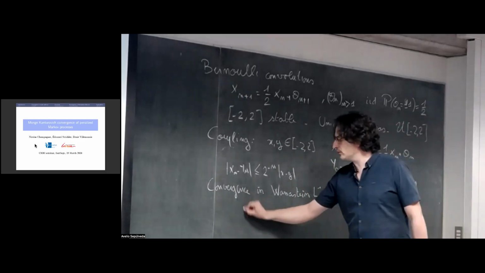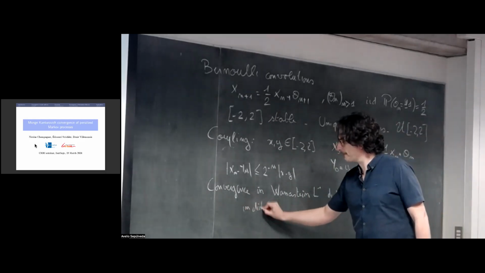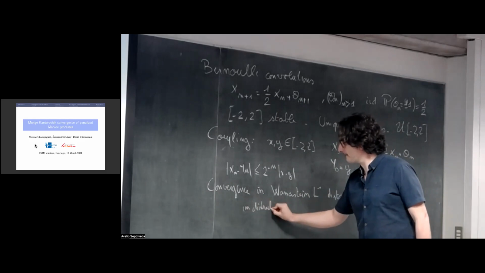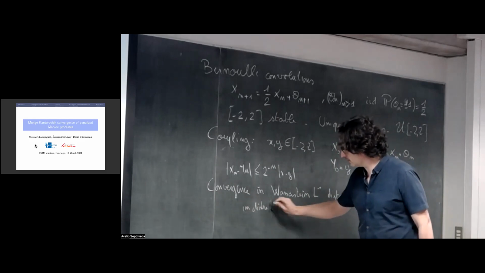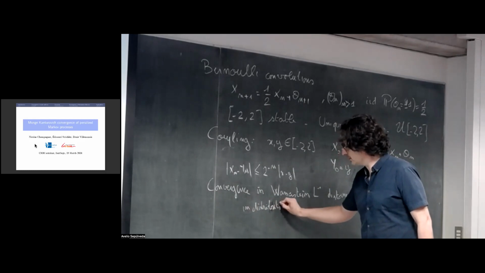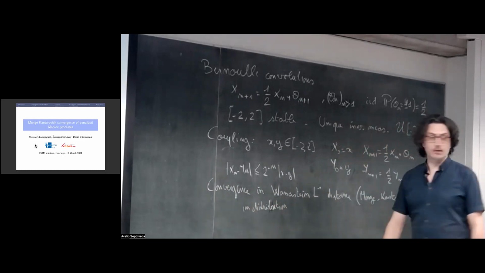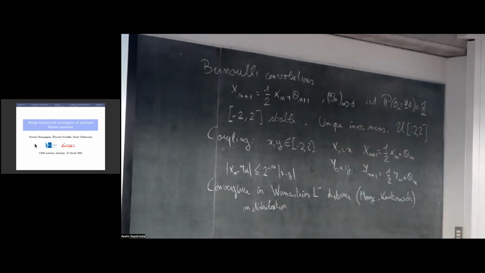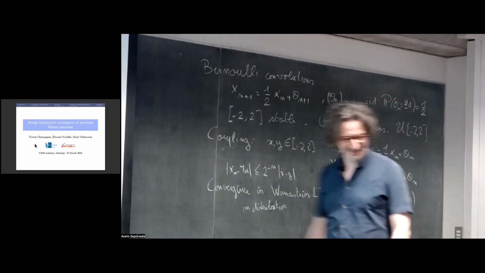So it's in law, of course, in distribution, geometrically when n goes to infinity. I'm going to come back to that in the talk, but it's just the standard thing.